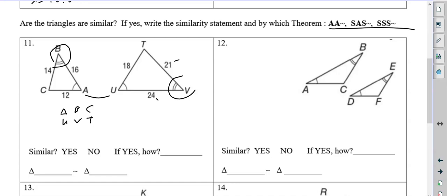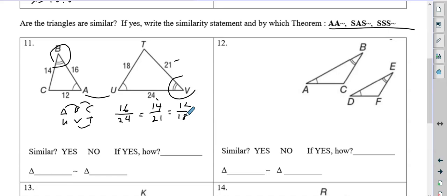How would we do the math on this one with all the sides? Well, notice AB is 16. And so AB corresponds to UV, which is 24. We're going to test this. And then BC, which is 14, corresponds to VT, which is 21. And that leaves us 12 and 18.